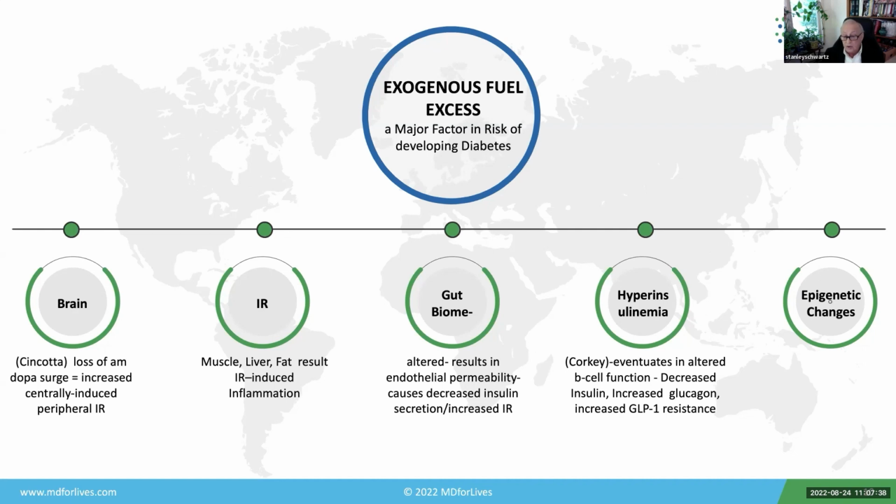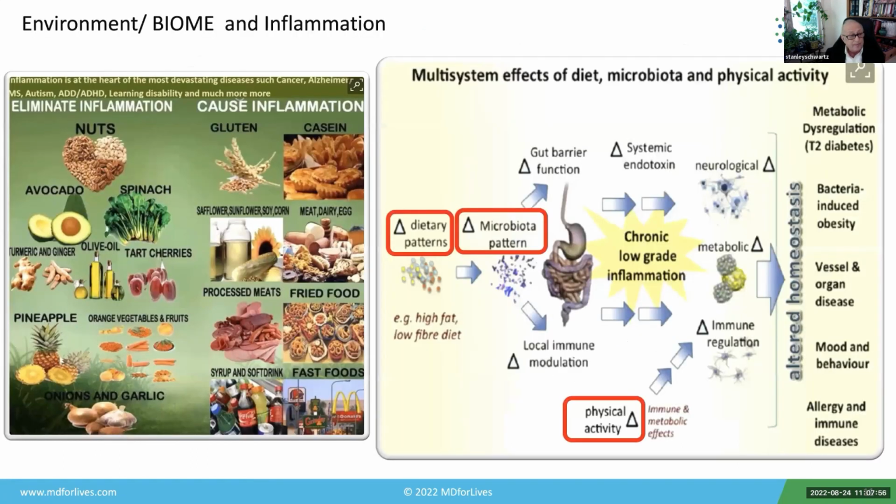Exogenous fuel excess causes hyperinsulinemia. And Barbara Corkey says it affects beta cell function, with decreased insulin, increased glucagon, and increased GLP-1 resistance. This exogenous fuel excess can also cause epigenetic changes.